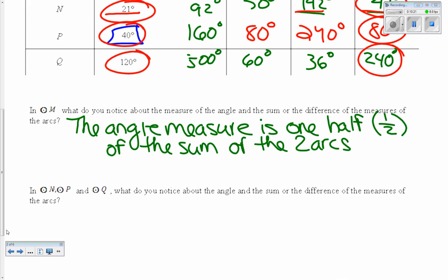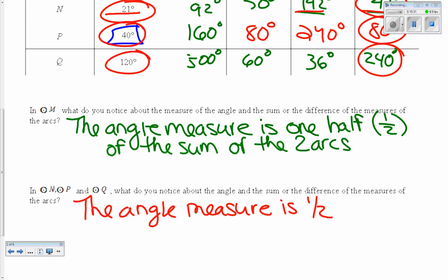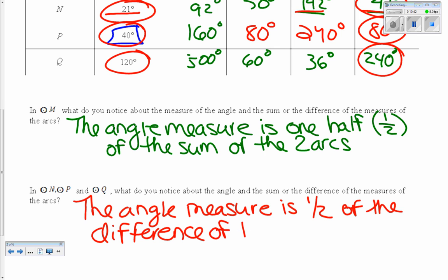All right, so what do we notice? The angle measure is 1/2 of the difference of the two arcs. All right, well, how do you know, though, if you're going to do 1/2 of the sum or 1/2 of the difference?